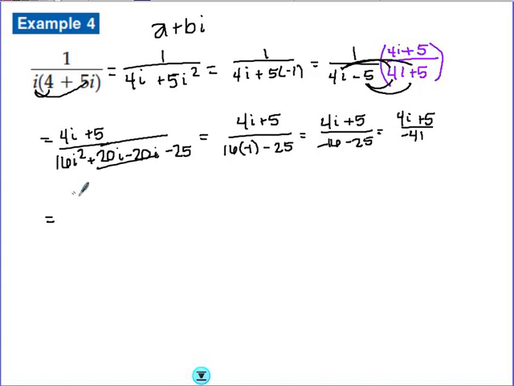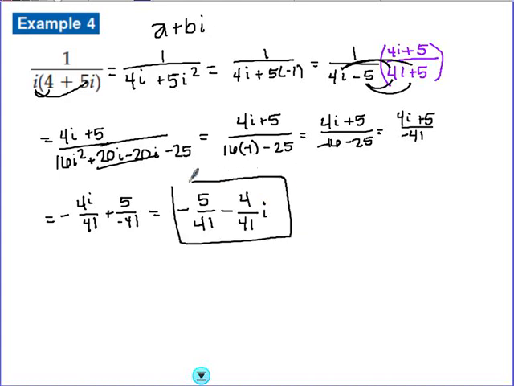So here I could separate this to be a negative 4i over 41 plus 5 over negative 41. I am going to rewrite this, though, so that it's in this form exactly. So technically I have a negative 5 over 41 minus the 4 over 41, and then the i component next to it. So this would be the proper standard way to write this imaginary number.